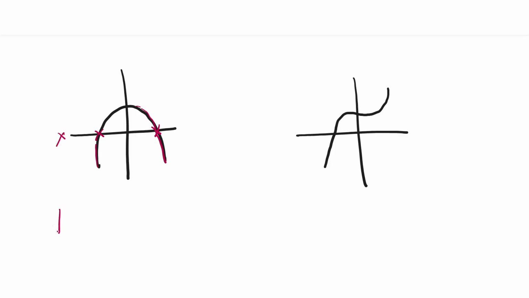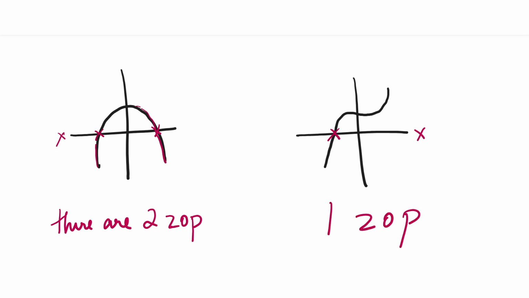So there are two zeros of polynomial for this graph or for this polynomial. And with respect to this one, there's only one point at which the line is intersecting the x-axis. So there's only one zero of polynomial.